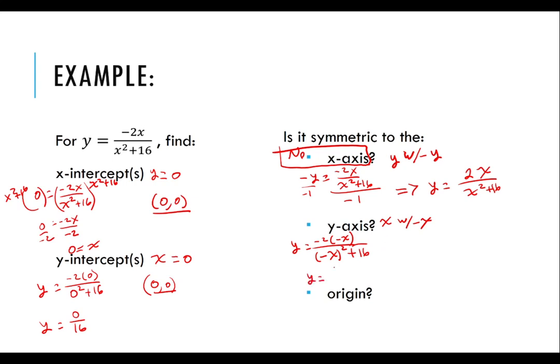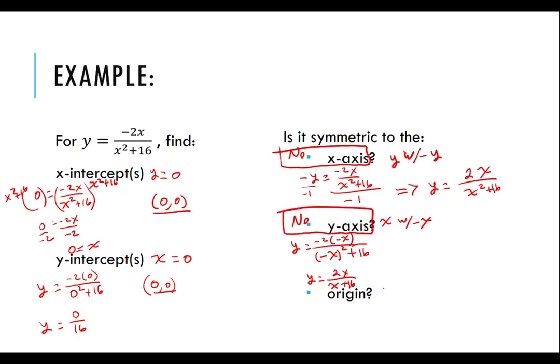This is then y is equal to negative x times negative 2, which is positive 2x, over negative x quantity squared, which is positive x squared, plus 16. Then we look at this and ask, is there anything we can do to manipulate this algebraically to get to y equals negative 2x over x squared plus 16? And the answer is no. There's nothing you're going to be able to do. And so this thing is not y-axis symmetric.